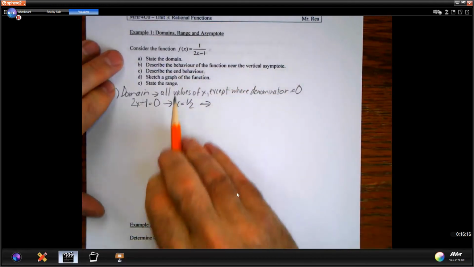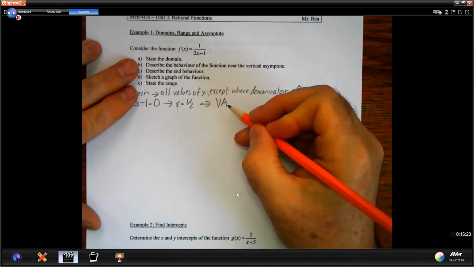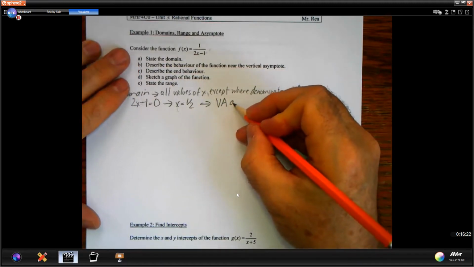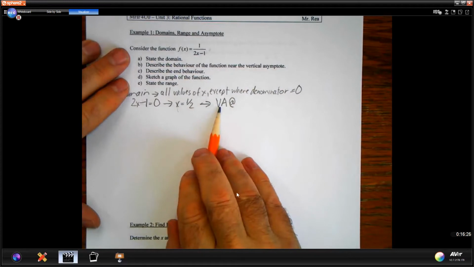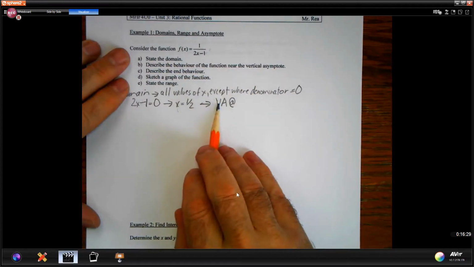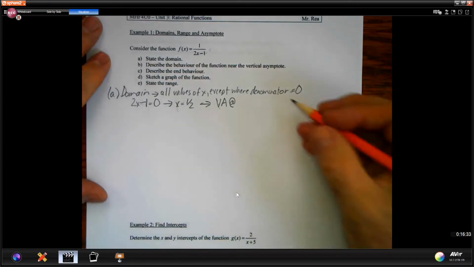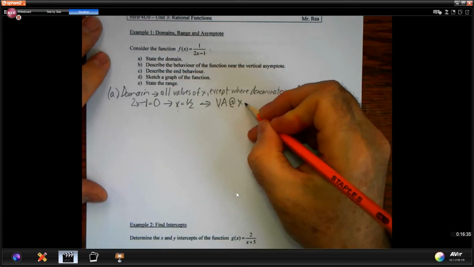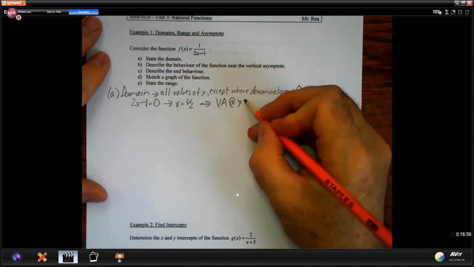So I know it didn't ask directly to state that, but you get your vertical asymptote from knowing the restrictions on the domain. So you have a vertical asymptote, and I'm going to use the short form VA instead of writing it out, and I'm going to use HA for horizontal asymptote. So please get used to that. Should save a little bit of writing. So I have a vertical asymptote at x equals 1/2.